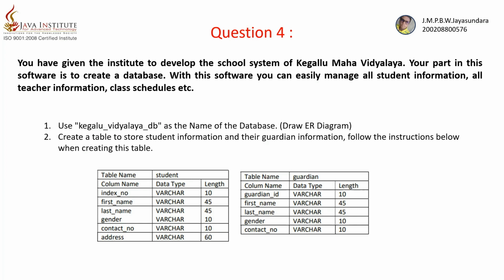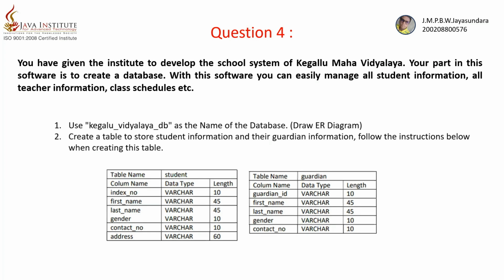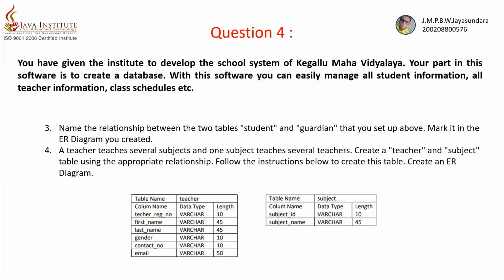Follow the instruction below when creating this table. Here we have our instructions to create our student table and guardian table. Our third question is: name the relationship between the two tables, student and guardian, that you set up above. Mark it in the ER diagram you created.